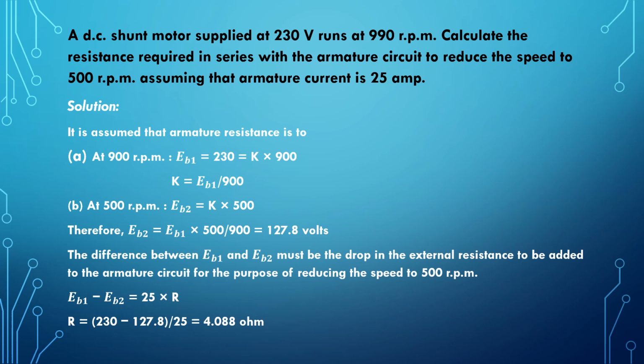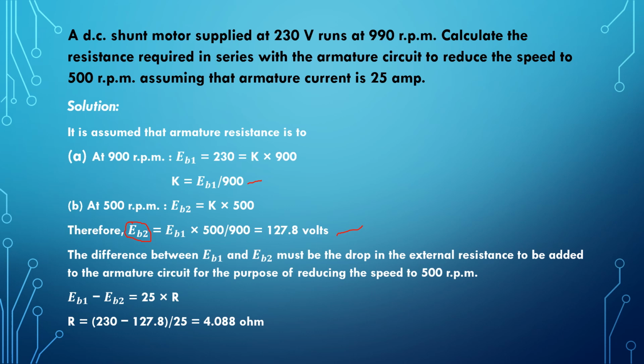So therefore, in order to find E sub B2, you substitute this equation for K, so E sub B2 equals E sub B1 times 500 over 900, which is equal to 127.8 volts.